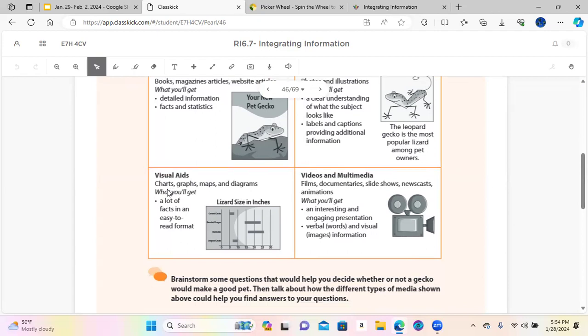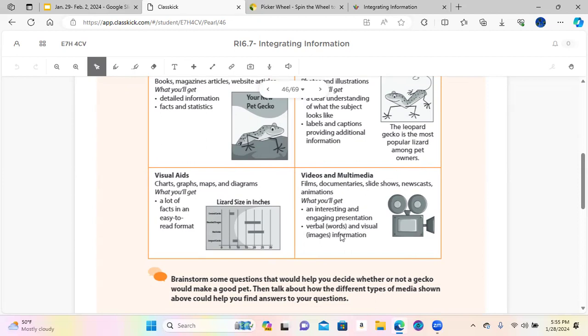Visual aids like charts, graphs, maps, and diagrams. This will give a lot of facts in an easy to read format. Videos and multimedia: films, documentaries, slideshows, newscasts, animations present an interesting and engaging presentation.